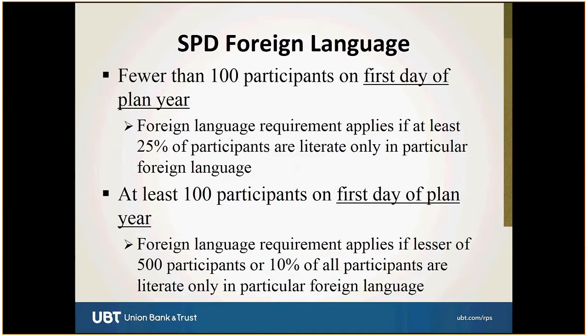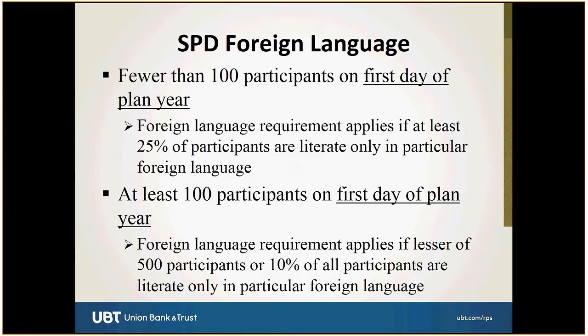If you're a small plan, then you need to provide that foreign language notice. If you have fewer than 100 participants on the first day of the plan year, the foreign language requirement will apply if at least 25% of your participant pool is literate only in a particular foreign language.